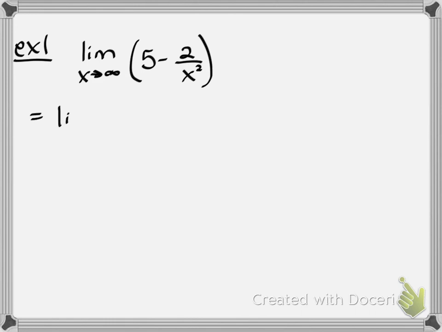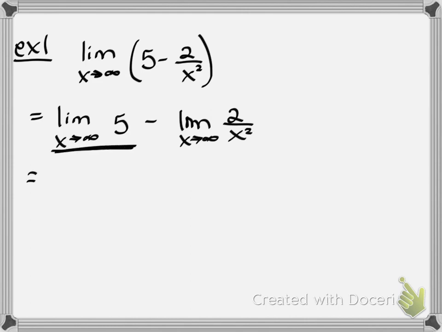Example 1. Find the limit as x approaches infinity of 5 minus 2 over x squared. Okay, so we're going to separate this out and do the limit of both parts. For this first part, there is no place to plug x in.